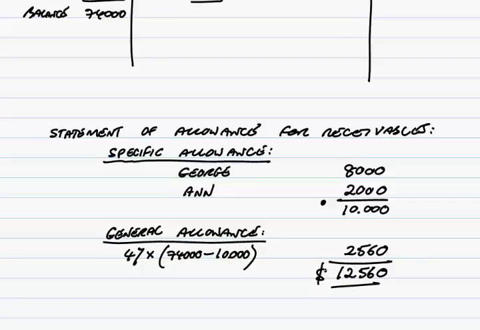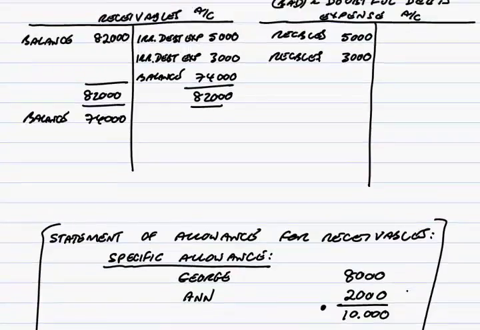Now that was just workings. But in total, on the balance sheet, we want 12,560 deducted from our receivables. How can we reduce our receivables by 12,560?